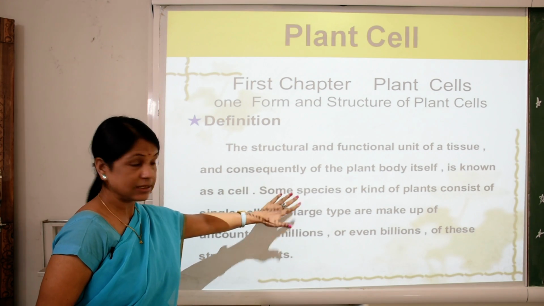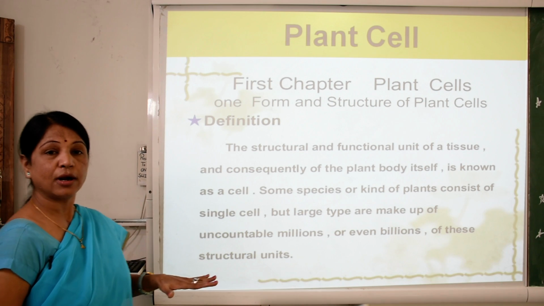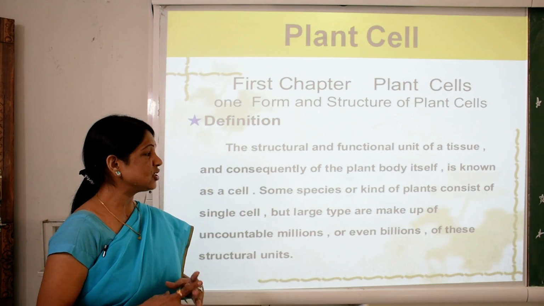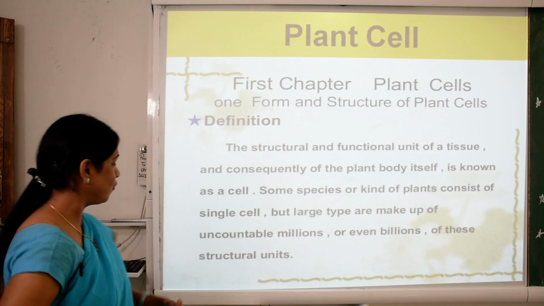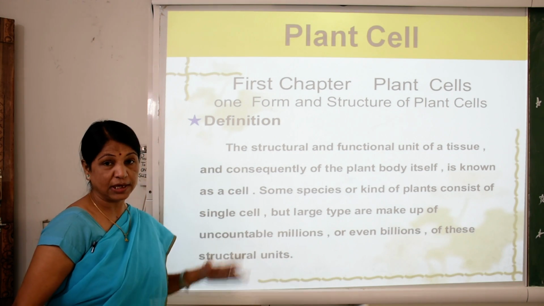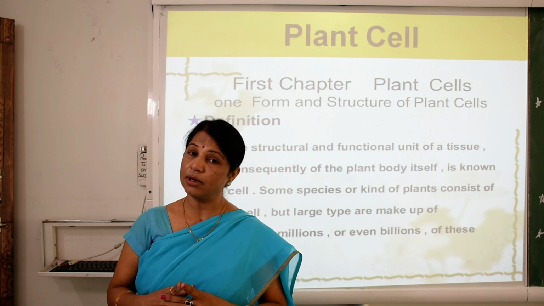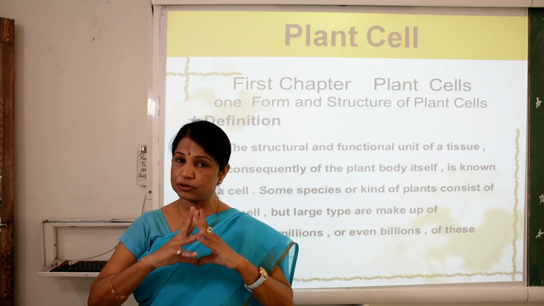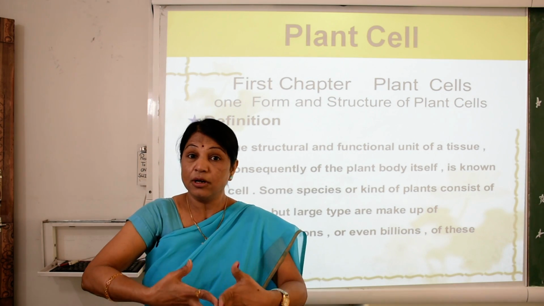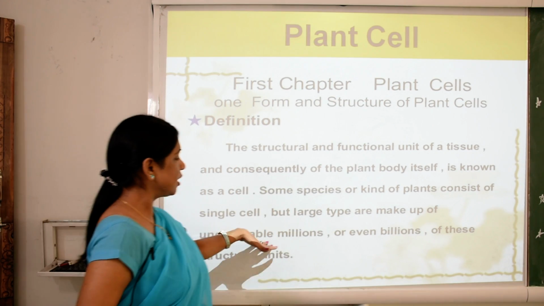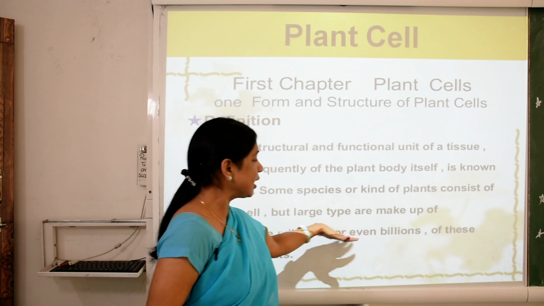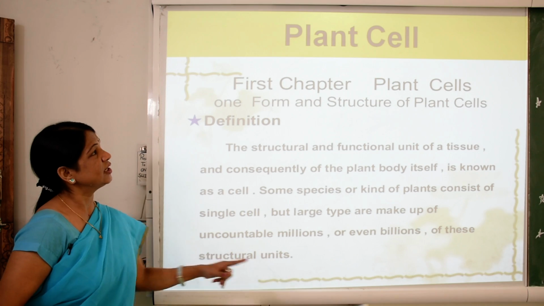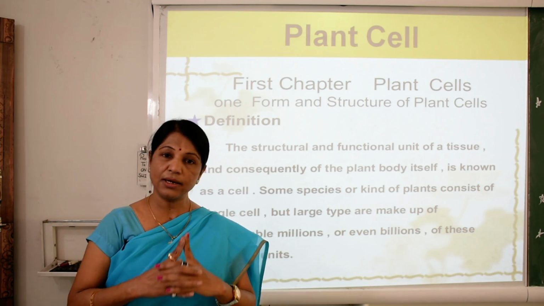Some species or kinds of plant consist of a single cell, but large types are made of uncountable millions. Why is it uncountable? Because there is a big network, maybe millions, maybe billions, maybe trillions. So that is why it is uncountable millions or even billions of these structural units. It is called the plant cell.